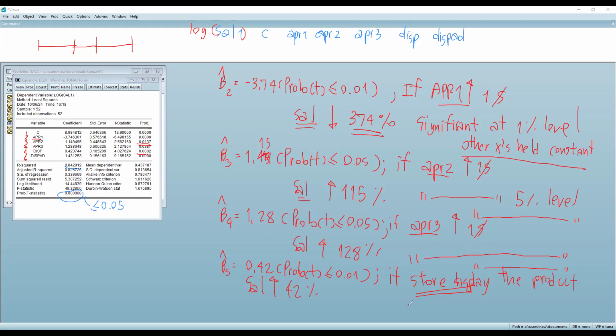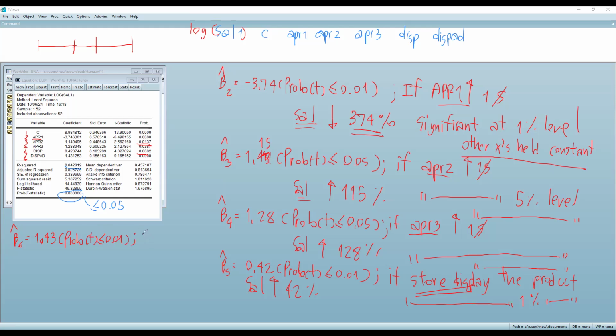Good. And it is significant at 1%. Good. And lastly, because I used too much space here, we have to write down here, 1.43. Good.